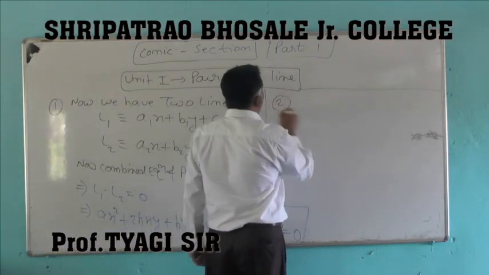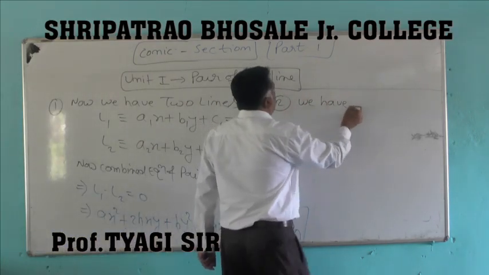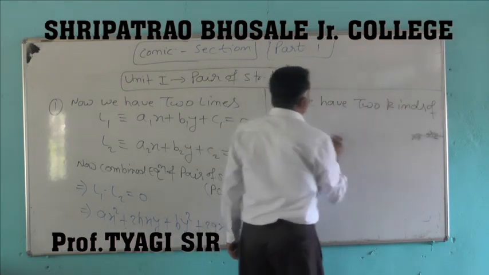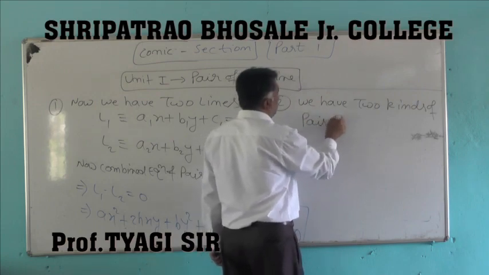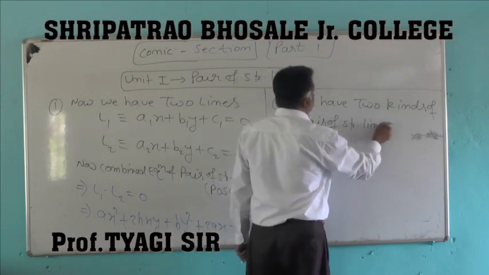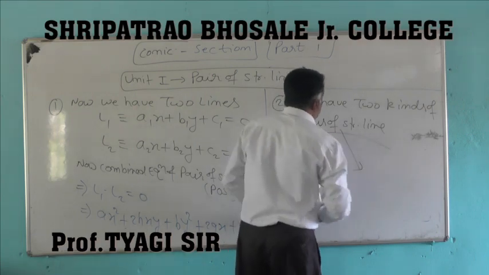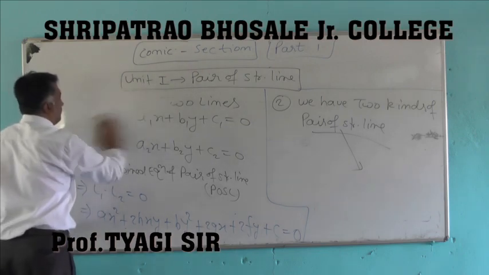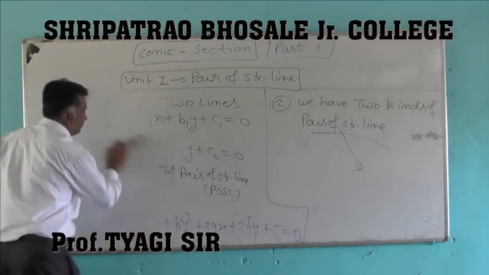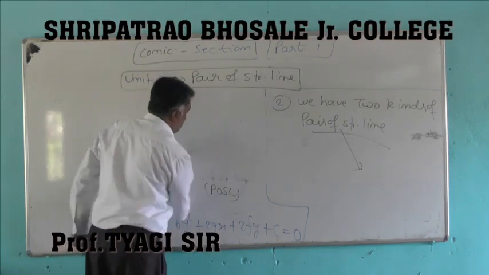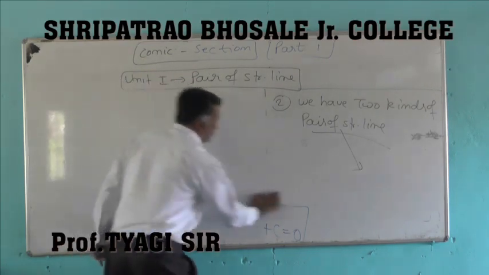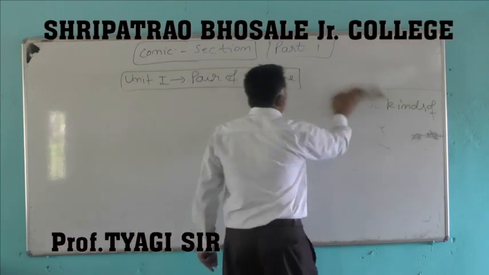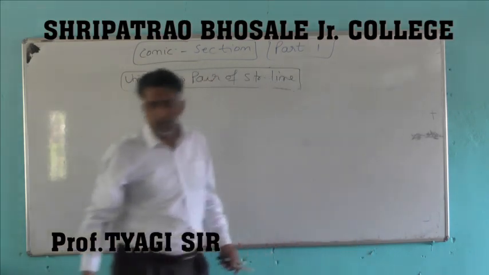Point number 2. We have two kinds of pair of straight lines.